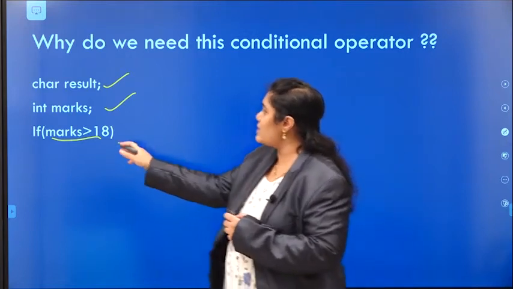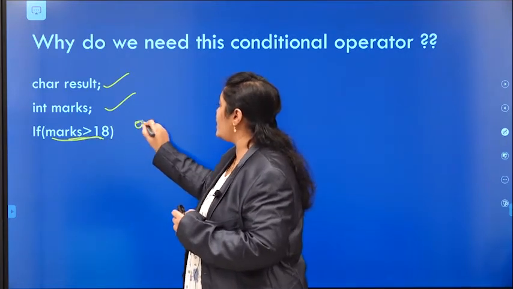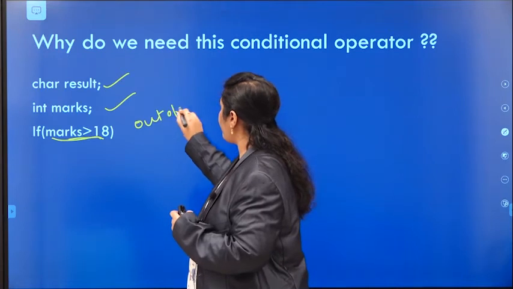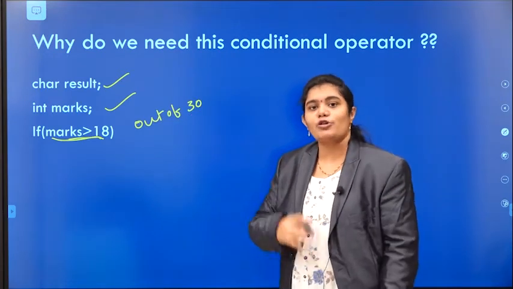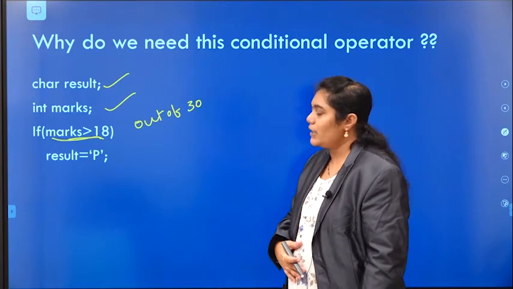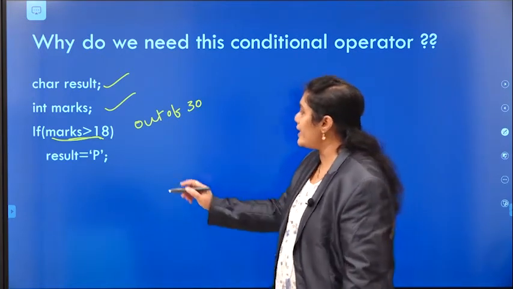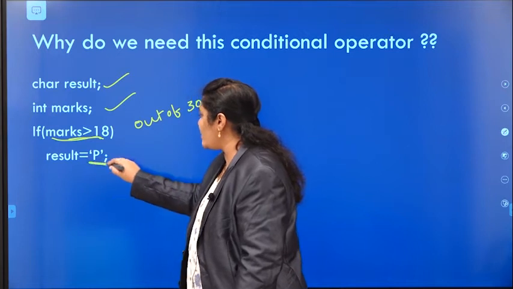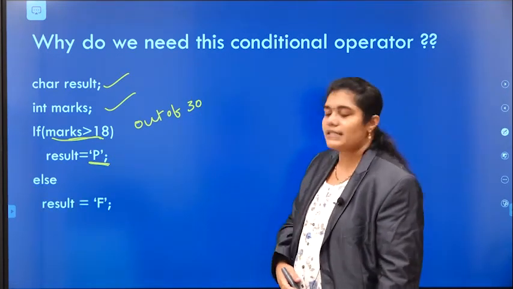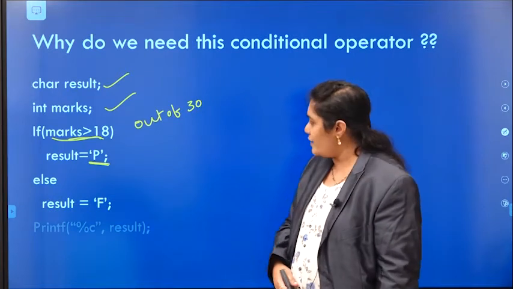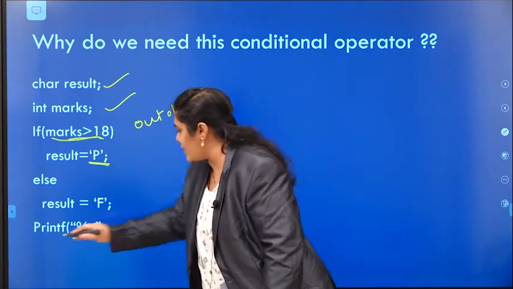If your marks are greater than 18 out of 30, then you are assigning result equals to P. P indicates pass, else result equals to F for fail, and finally you are displaying your result.